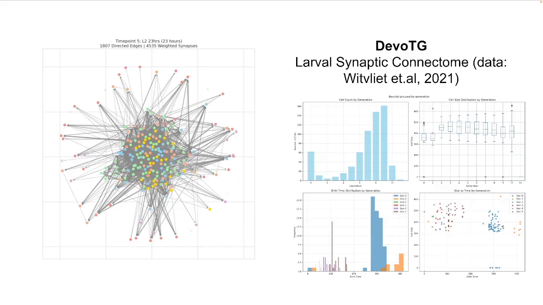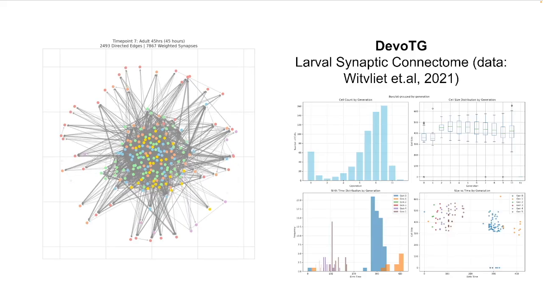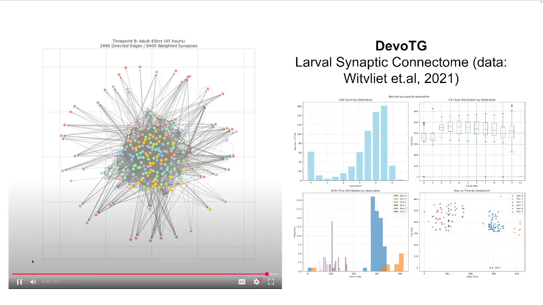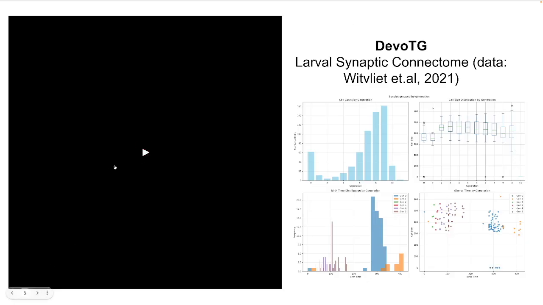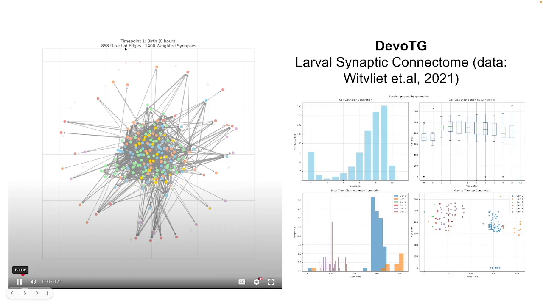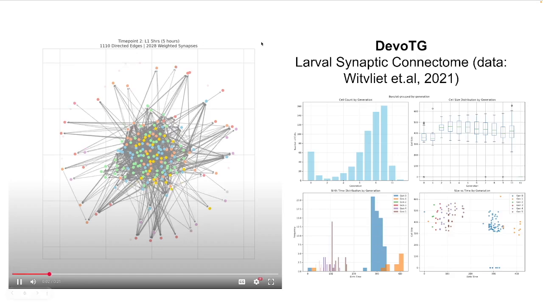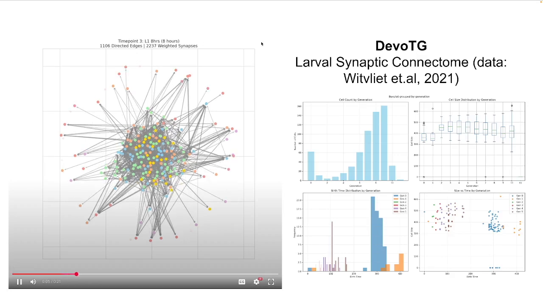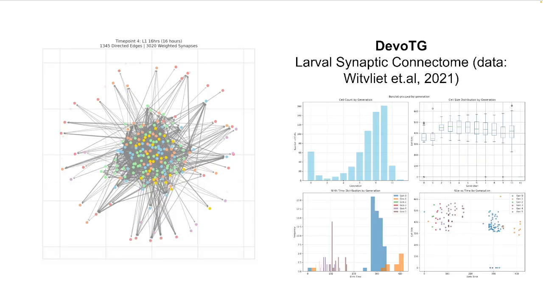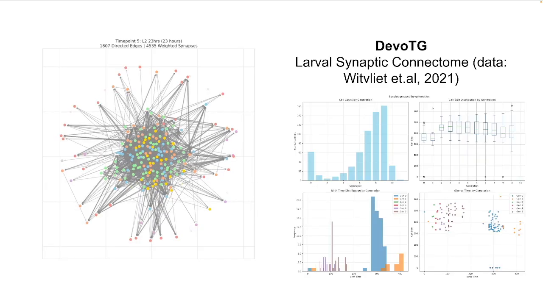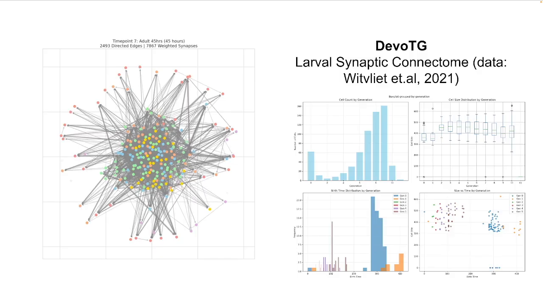You're observing various stages of development and into adulthood, and the amount of time that's elapsed since the beginning. So if we start this video over, we start with birth at 0 hours, L1 at 5 hours, L1 at 8 hours, L1 at 16 hours, L2 at 23 hours, L3 at 27 hours, the adult at 45 hours.